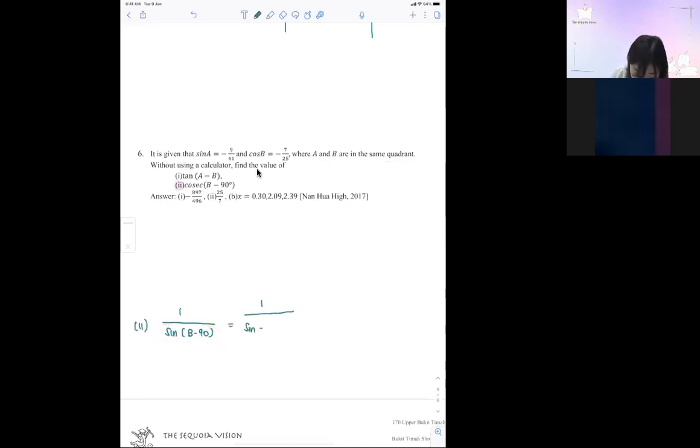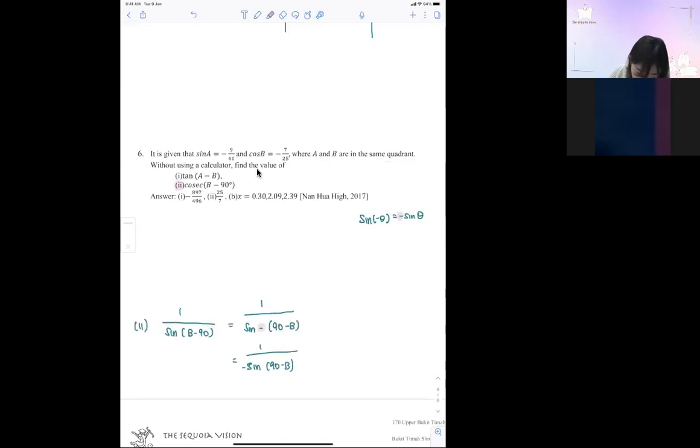First, I can take out the negative from the bracket. You know that sine of negative theta is negative sine theta. So we take out the negative. The only trigo that the negative is absorbed is cosine. So cosine of negative theta is just cosine theta. Now we take out the negative from 90 minus b.